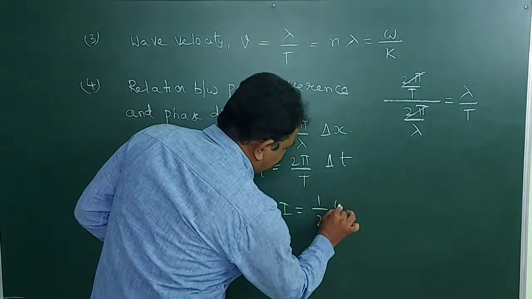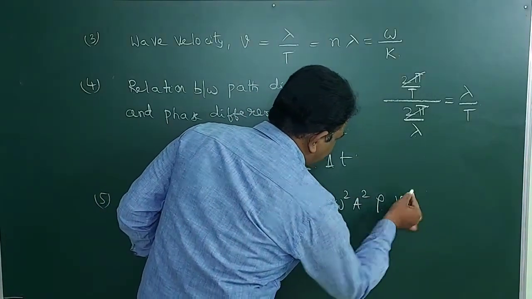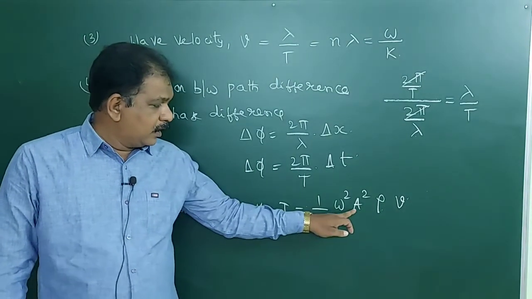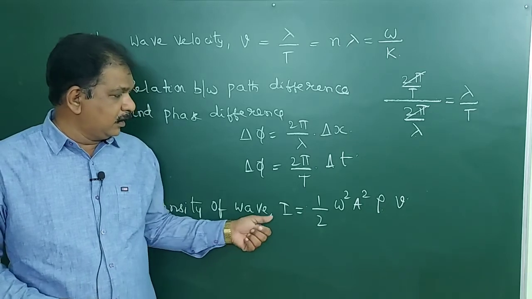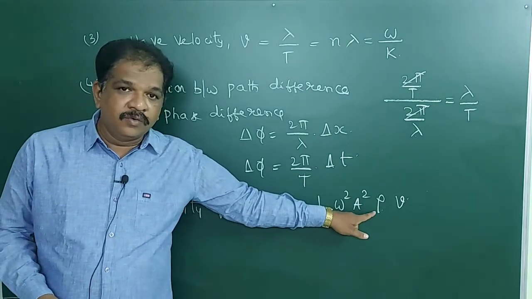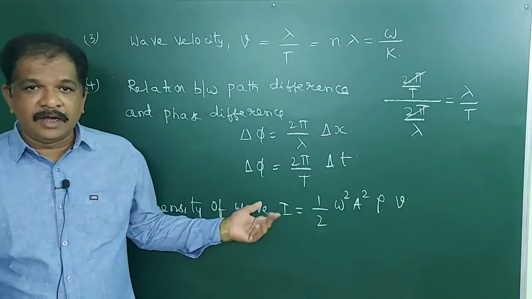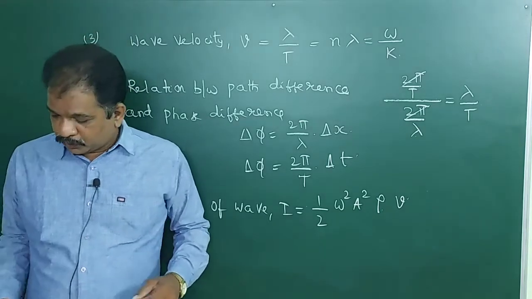Finally, this is ½ ω² A² ρ v. This is the formula for intensity of the wave, where ρ will be density, v will be velocity, ω angular velocity, capital A will be amplitude.